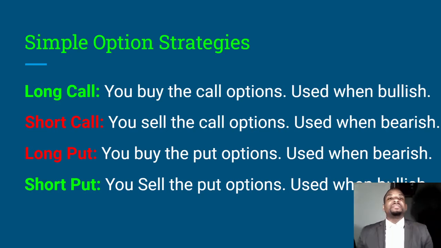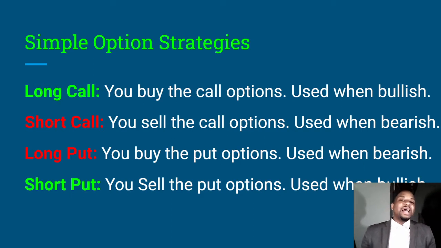Now let's go over some simple option strategies. When you're doing a long call, guys, what you're doing is you want to buy call options because you feel bullish. You feel that the underlying asset will be going up. If you do a short call, that means you are selling call options because you are bearish on that market.